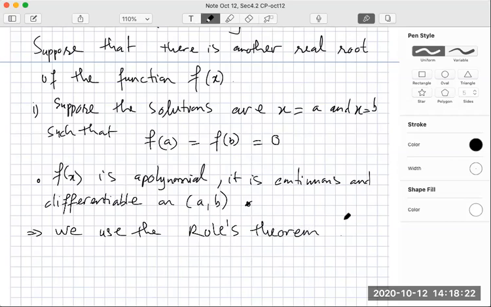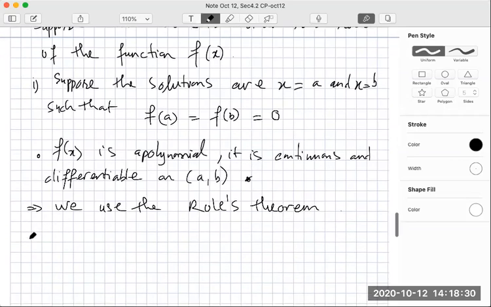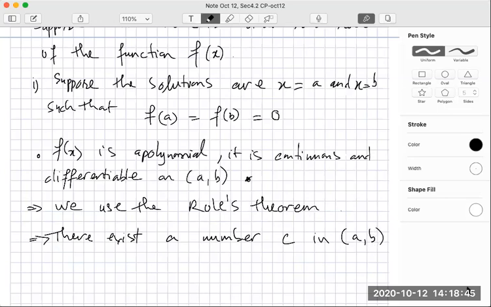What does it tell us? Rolle's theorem tells us that there exists a number c in the interval A and B such that f prime at c will be 0.